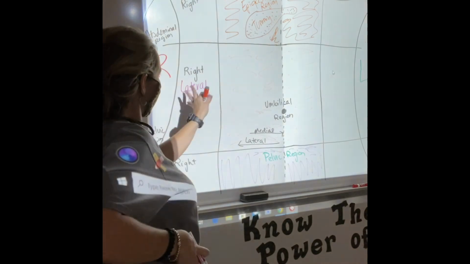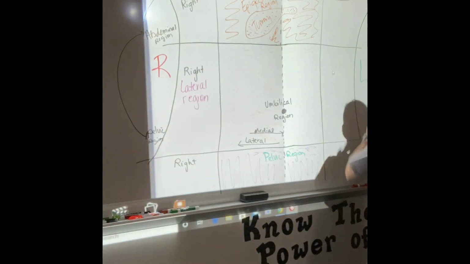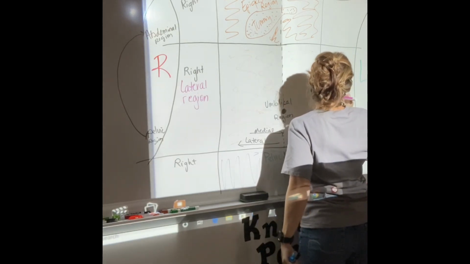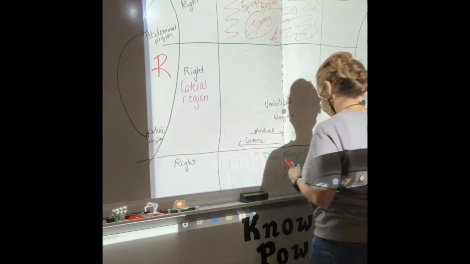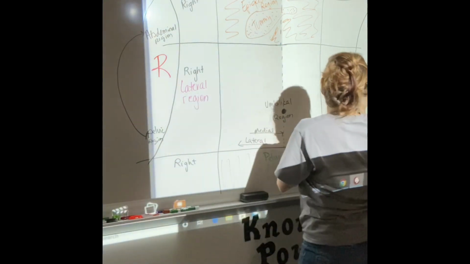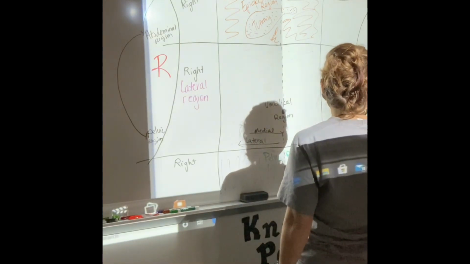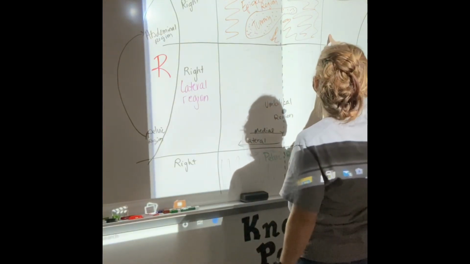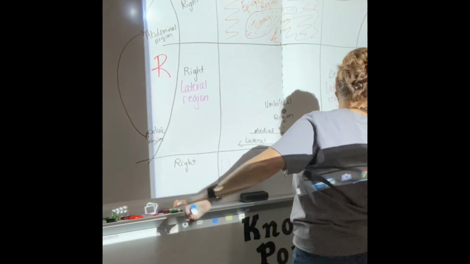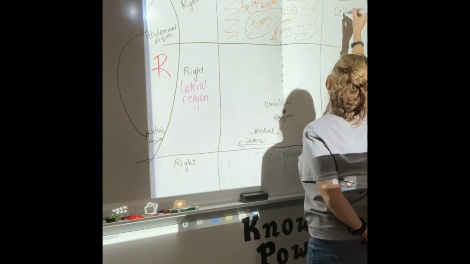This is on my right side. What do you think this one is? Left. Left lateral region. And if you were to guess, do you think this and this also has a matching pair to this and this? Okay, so this will be left and this will be left.